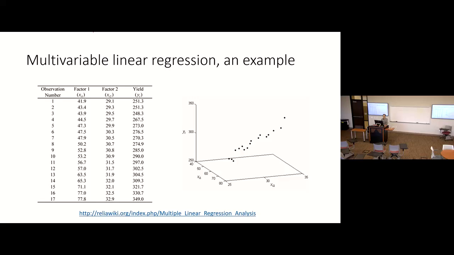So this is an illustration for 2D examples. We use variable factor 1 and variable 2 to explain variable y yield. So this will form not a straight line, but become a hyperplane. So you have this relationship, okay? You use x1, x2, two variables to explain the y.